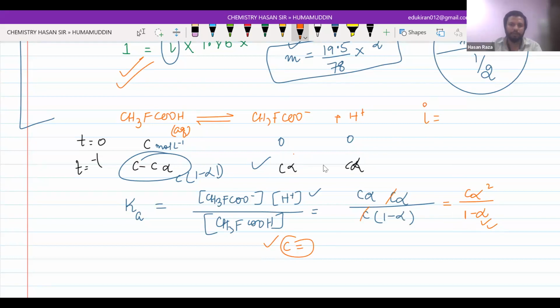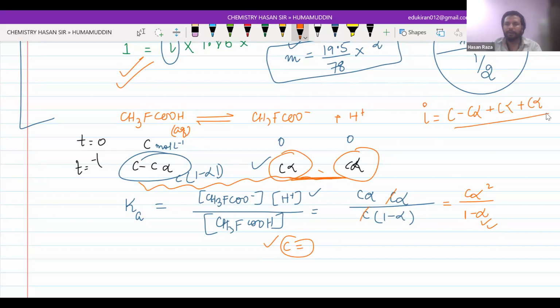After dissociation it is C minus C alpha plus C alpha plus C alpha, divided by initial moles C. C is there, so this will be cancelled, and what you have got is C plus C alpha. If you take C as common, it will be 1 plus alpha upon C, so you get 1 plus alpha.